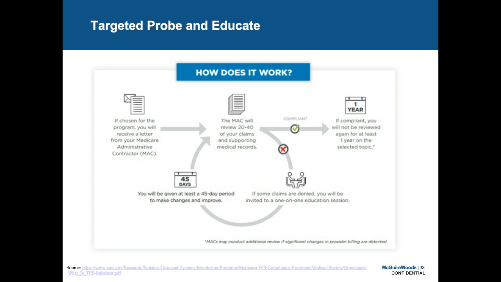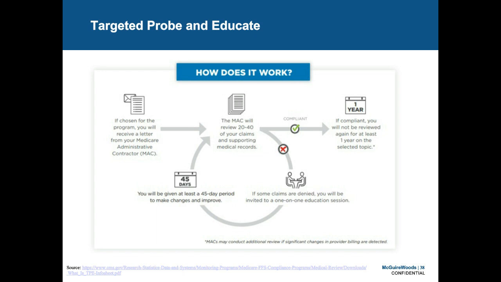So in the targeted probe and educate audit process, which is what we're currently under, MACs are using data mining to identify either specific providers who are outliers or specific items and services that are at high risk of improper billing to audit. These are typically done as prepayment reviews, and the MAC will review 20 to 40 claims and the supporting medical records for those claims.